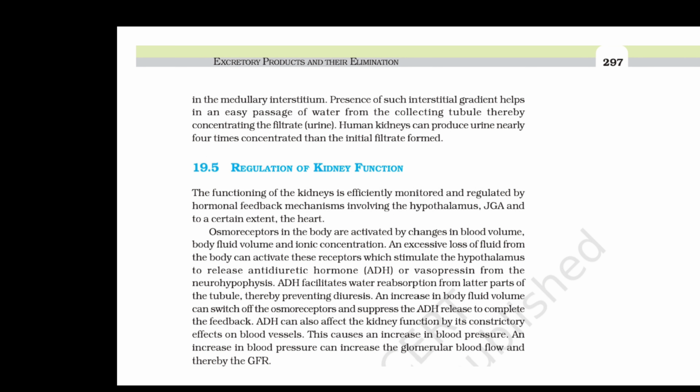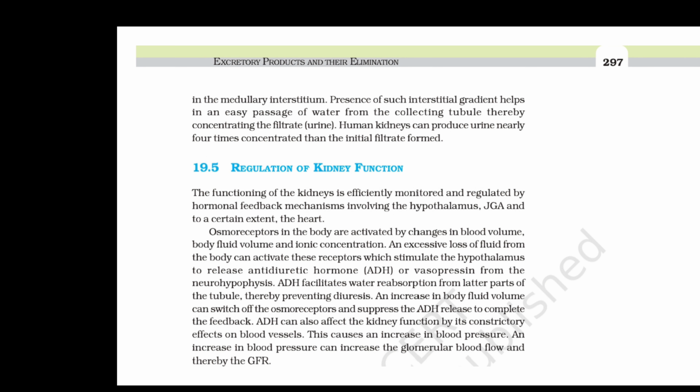16.5 Regulation of kidney function. The functioning of the kidneys is efficiently monitored and regulated by hormonal feedback mechanisms involving the hypothalamus, JGA, and to a certain extent the heart. Osmoreceptors in the body are activated by changes in blood volume, body fluid volume, and ionic concentration.